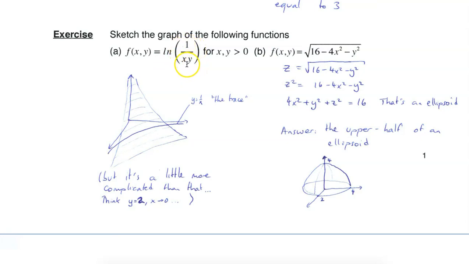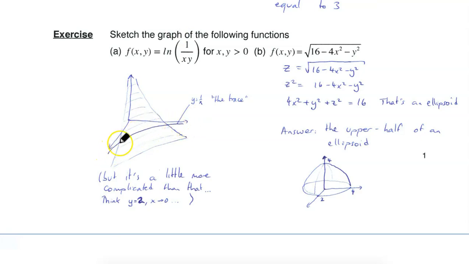So it would be when x times y equals 1. So x times y equals 1 translates as y equals 1 over x. So if for a minute you only look at the xy plane, which is the floor here, that would mean we are sketching y equals 1 over x, which is this line here.